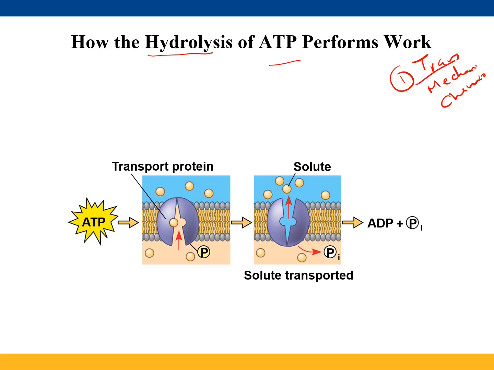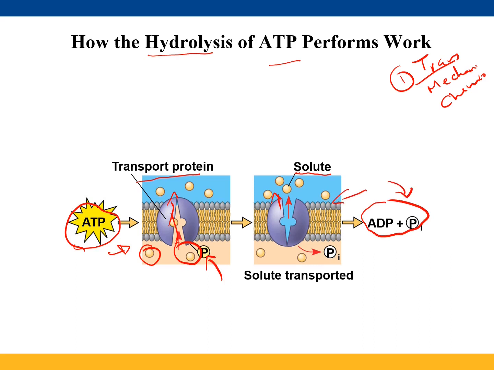And here you have an enzyme that we will study in a few lectures that is located in the membrane and is in charge of moving these molecules inside or outside of the cells. So here you have a transport protein and here you have a solute. And how is the solute transported? Because we add ATP, so we phosphorylate this protein, and as a result we not only transport the molecule, but we turn the ATP into ADP.